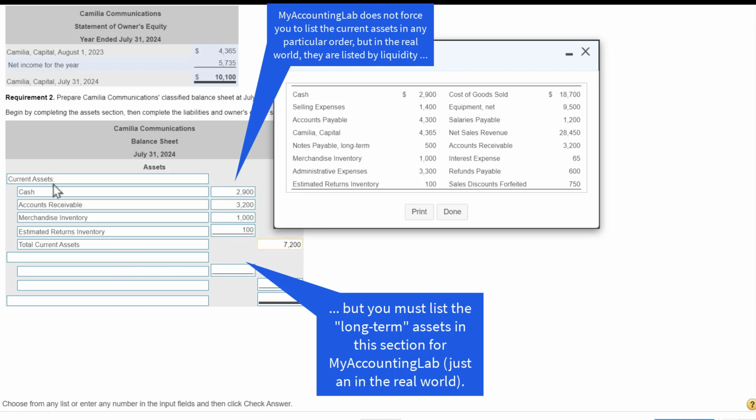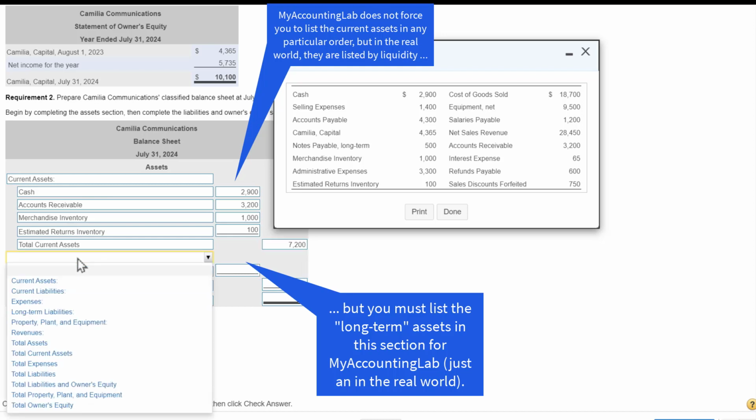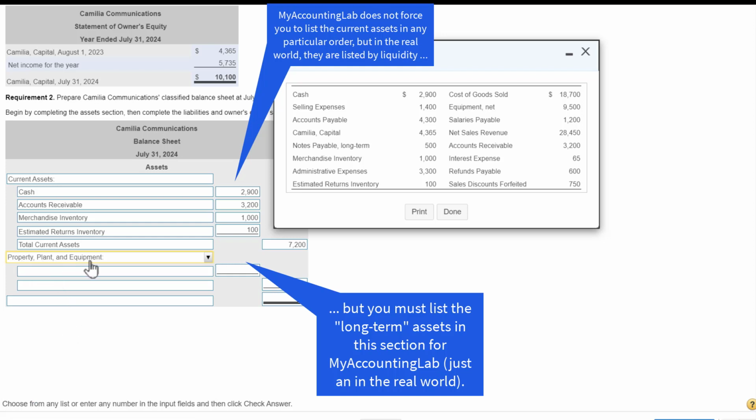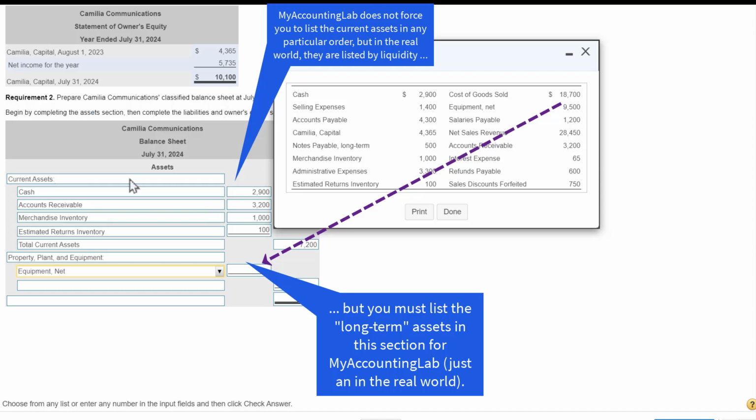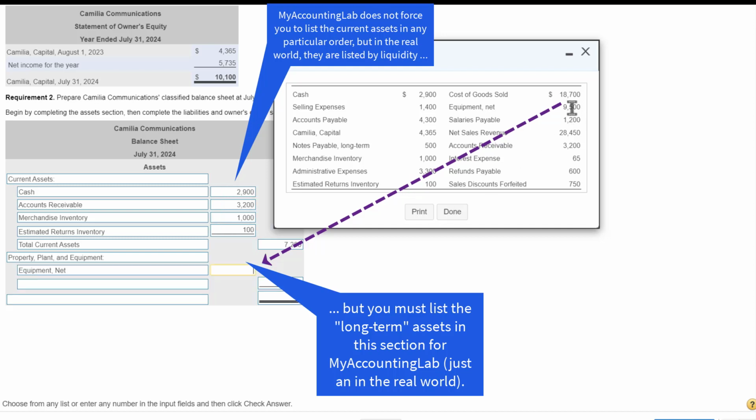All right. After current assets, we list our long-term assets, but no one ever calls them that. They usually call them property, plant, and equipment, or PP&E. Let's see what type of long-term assets they have. I don't see any yet. Here we go: Equipment, net. Net means it's after accumulated depreciation is subtracted from it, and the amount we have is $9,500.